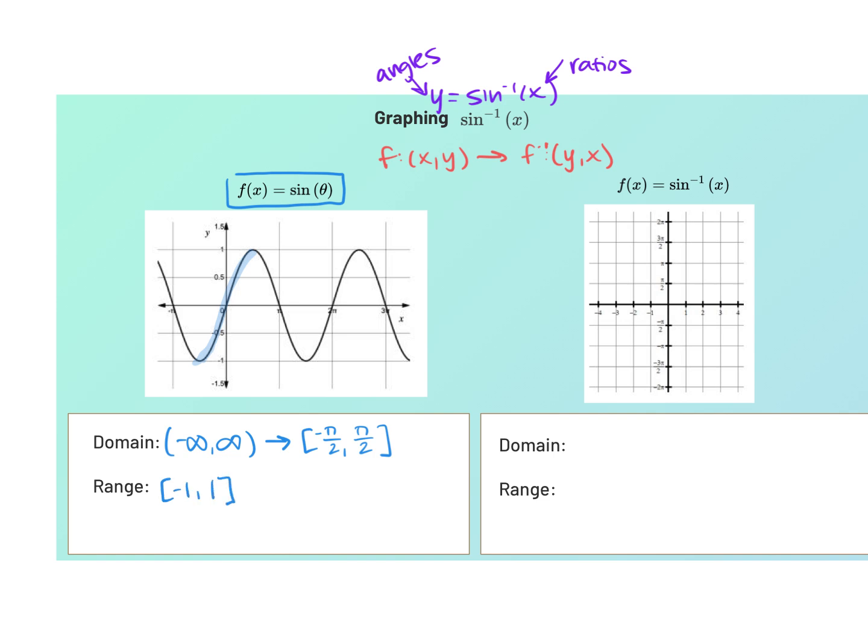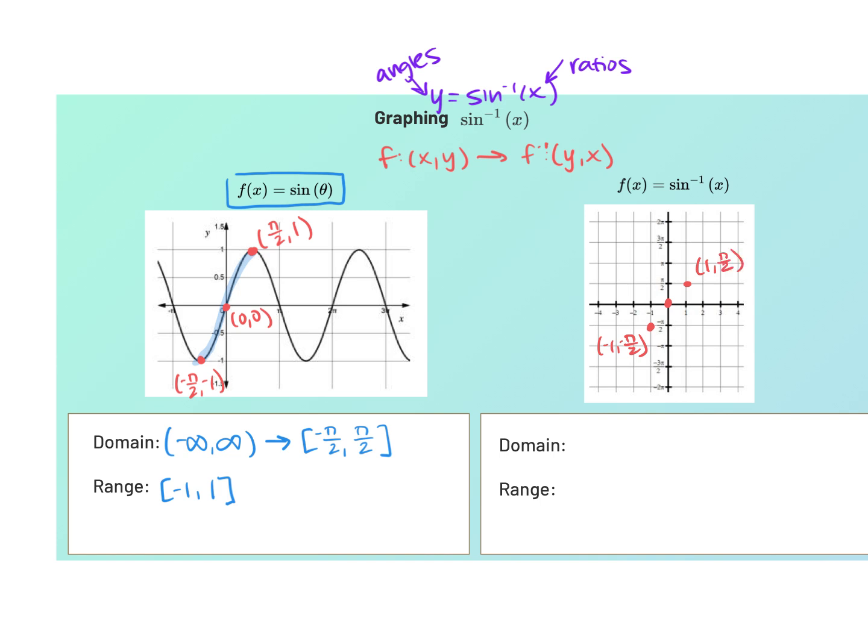On this portion of the graph, I'm going to pick 3 nice points that I'm going to use to create the inverse. They are -π/2, -1, the origin 0, 0, and then π/2, 1. So when I go to create the inverse graph, I'm going to flip-flop those ordered pairs, starting with -1, negative pi over 2. 0, 0 is going to stay the same, and then we have 1, pi over 2.